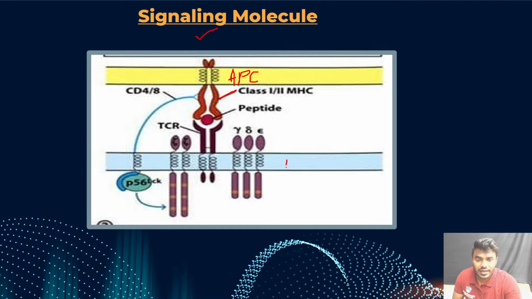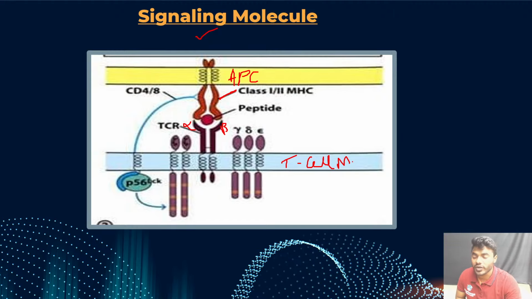Now you can see, this is the T cell membrane. On the T cell membrane, various types of T cell receptors are present. What are the major receptors? I have told you, alpha and beta are the major T cell receptors.